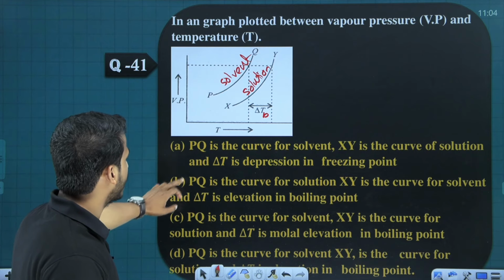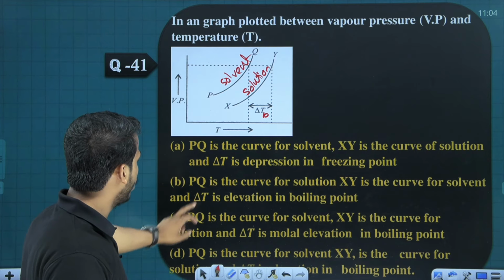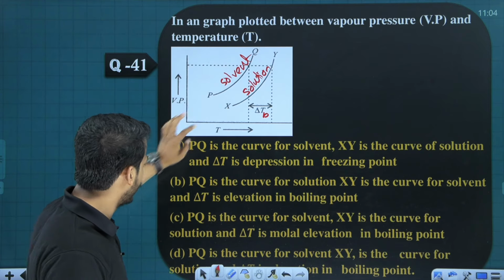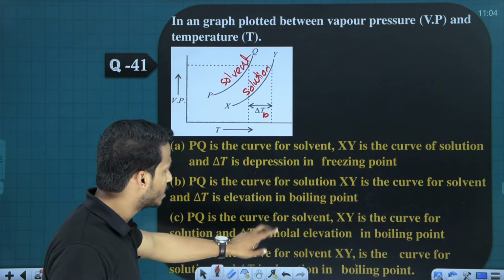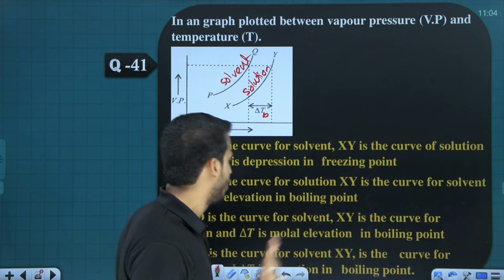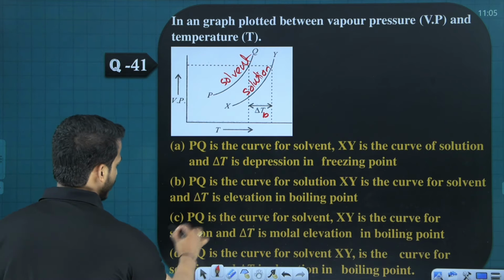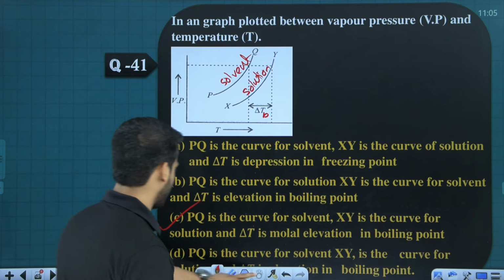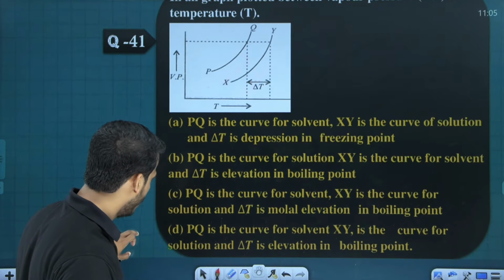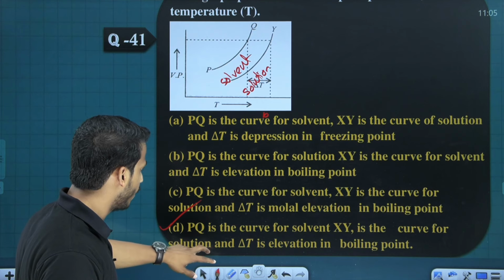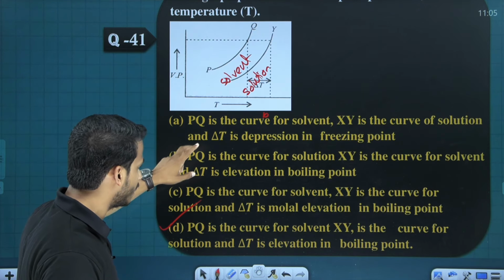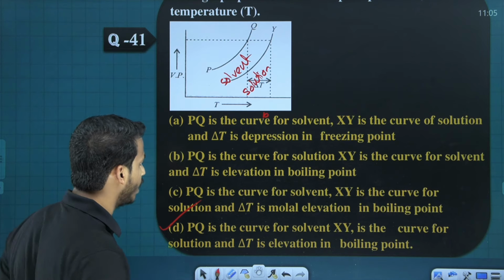So PQ is the curve for solvent, okay. XY is the curve for solution, okay. Delta T is the elevation in boiling point. And XY, what is the XY given? PQ is the curve for solvent, XY is the curve for solution, and delta T is the elevation in boiling point.